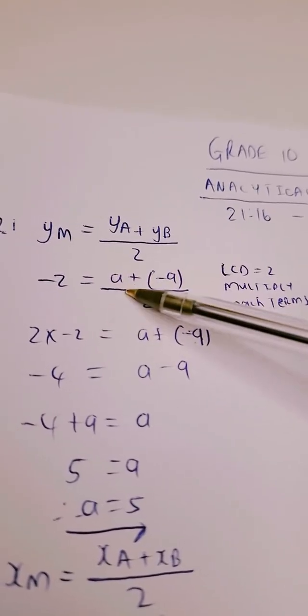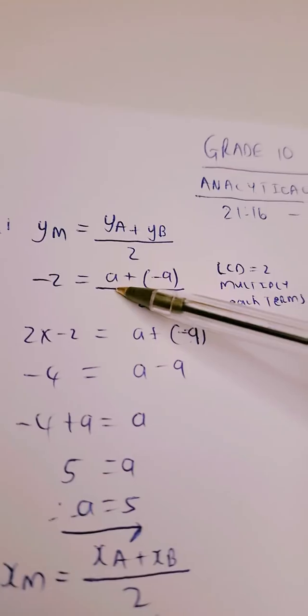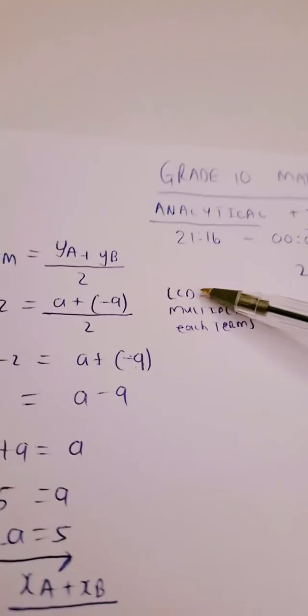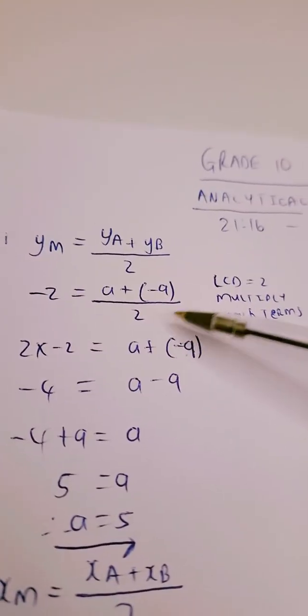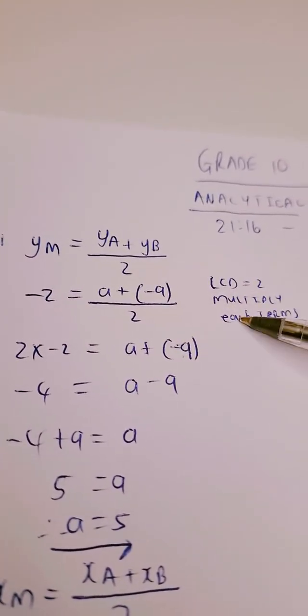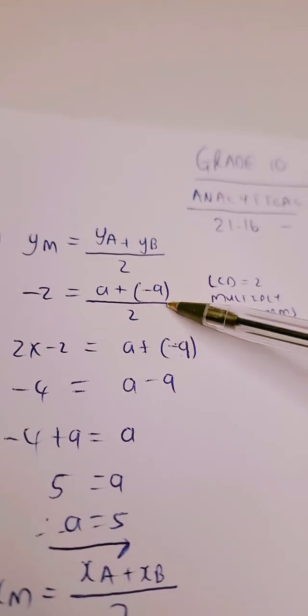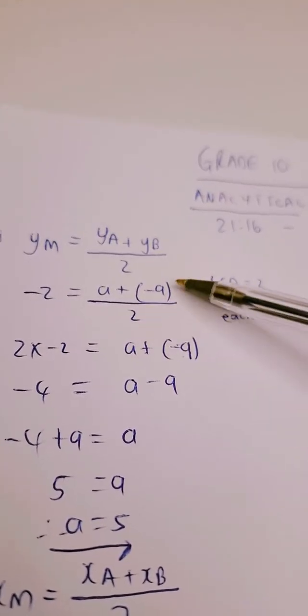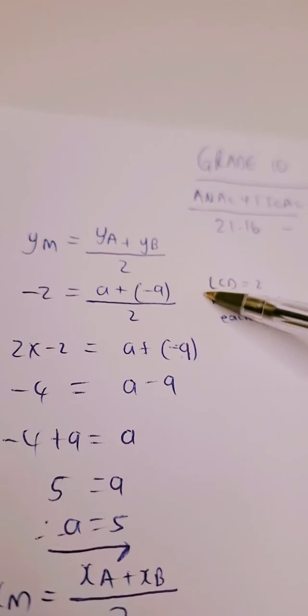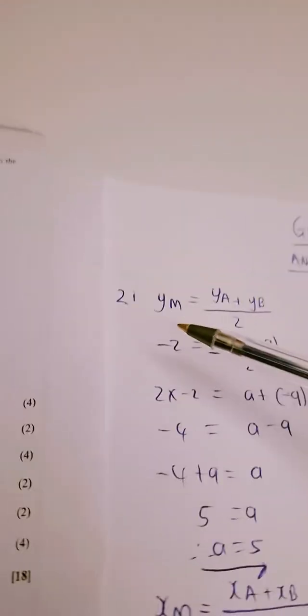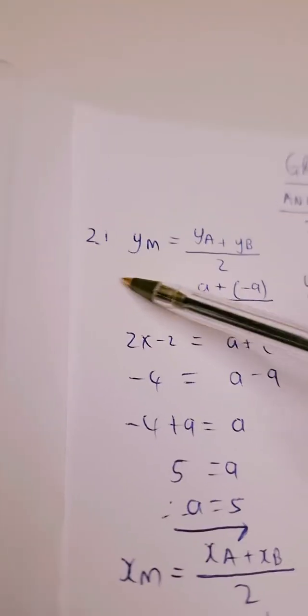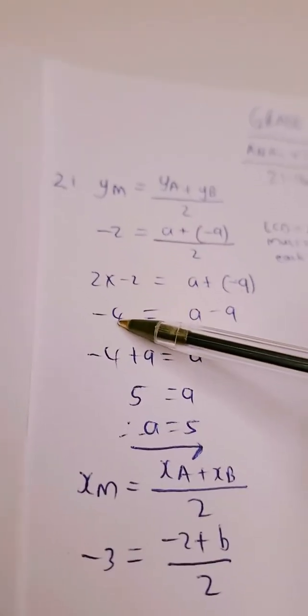How do you solve for A? Well, you have a fraction. So what do you do? You find the LCD. The LCD here is 2. So you multiply each term by the LCD in the numerator. Since the LCD is 2, you multiply by 2 here in the numerator. The 2 and the 2 cancel. But what you do on one side, you do on the other side, which means you also multiply by 2 here. 2 times -2 gives you -4.